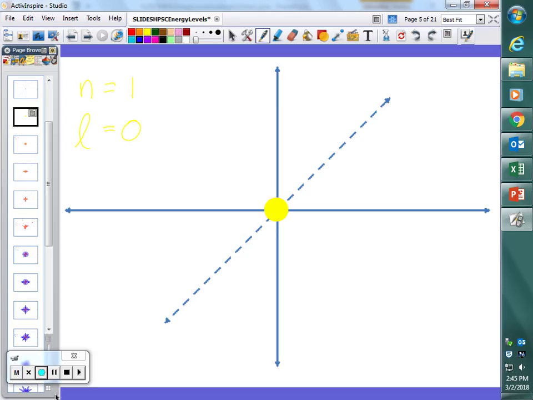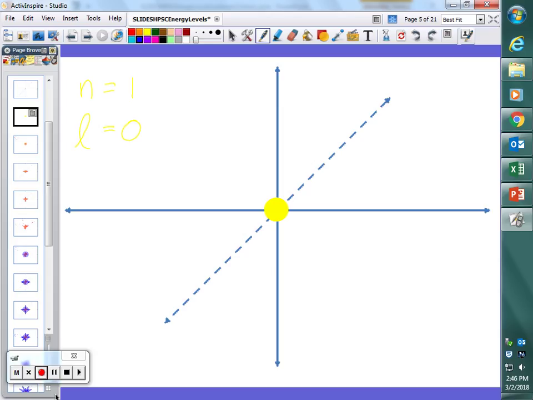So, what is this saying? If there's an s orbital, how many s orbitals can there be? Just 1. How many spheres did we draw of each color? Only 1. Why? Because there's only 1 s orbital.